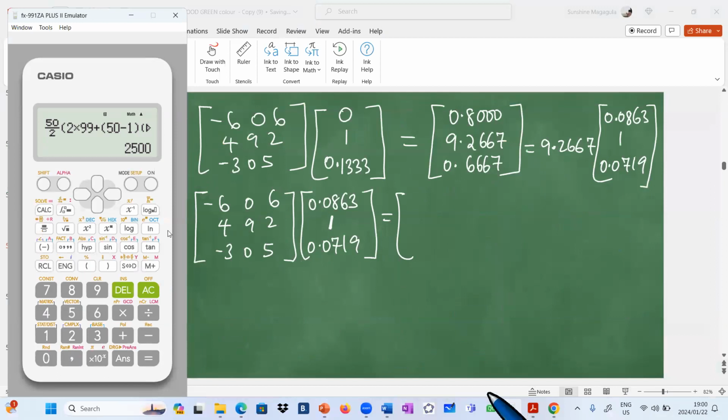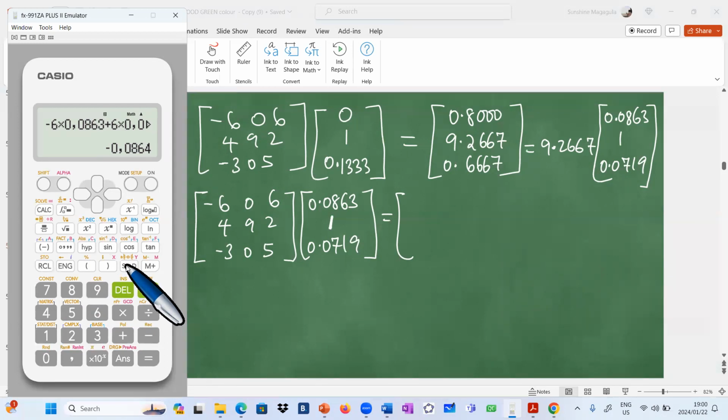Right, so using a calculator we would have minus 6 by this. So it's minus 6 by 0.0863. 0 by this is 0 plus 6 times 0.0719. Okay, so what we're then getting here is exactly that entry.